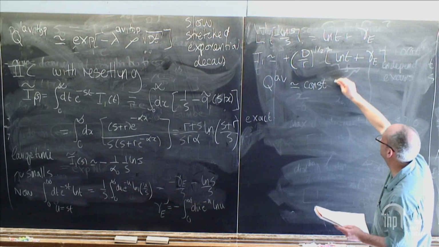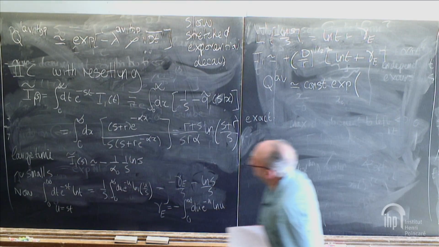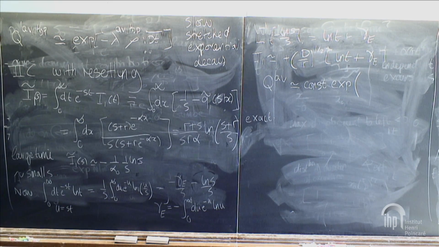But what we're interested in is what goes on inside the exponential. So remember, it's here. So Q average is exponential minus T rho I1.